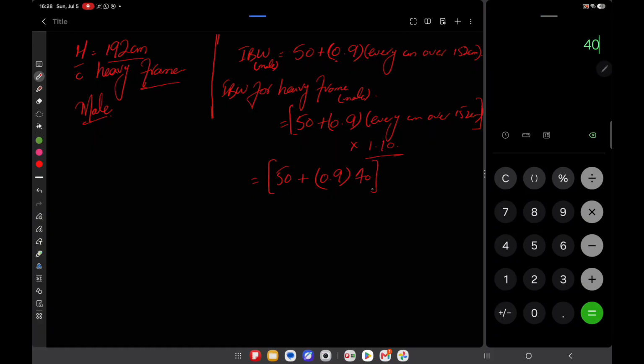In whole we have to multiply with 1.10. So 50 plus 40 multiplied by 0.9 will be 36, whole to be multiplied with 1.10. 50 plus 36 will be equal to 86, and now we have to multiply with 1.10, and the answer will be 94.6 kg.